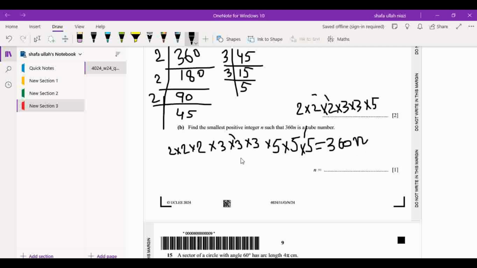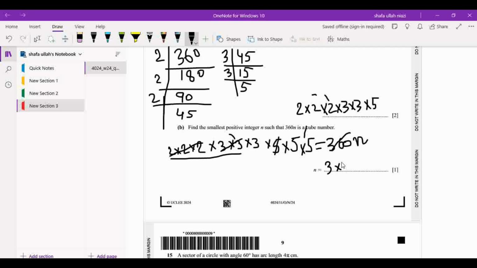Look here, this 3 times 2, 2 times 3 and 1 times 5 are already present in 360, so 360 is cancelled with these three 2's, two 3's and one 5, so we are left with 3 times 5 times 5 equal to n.